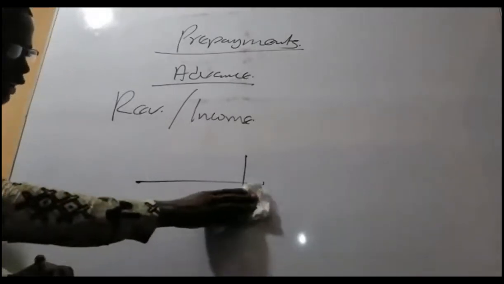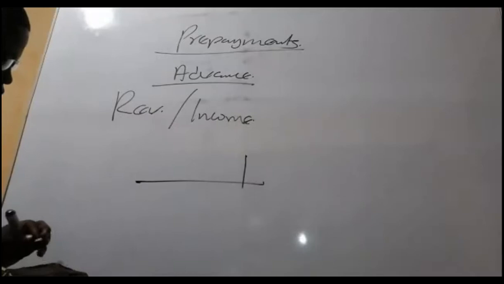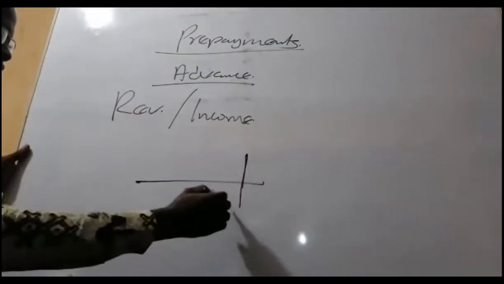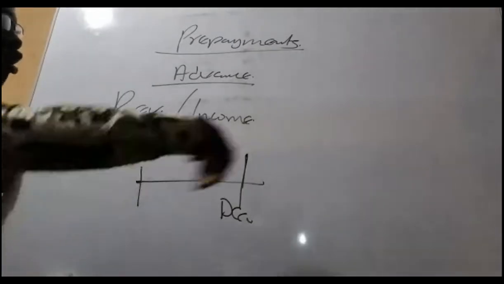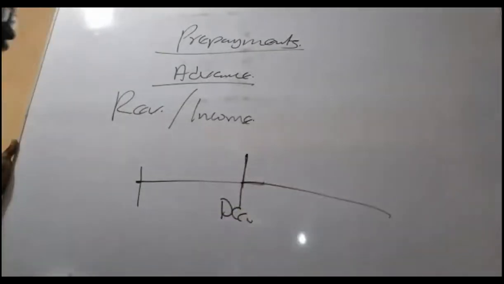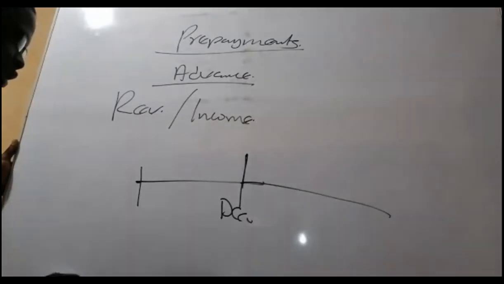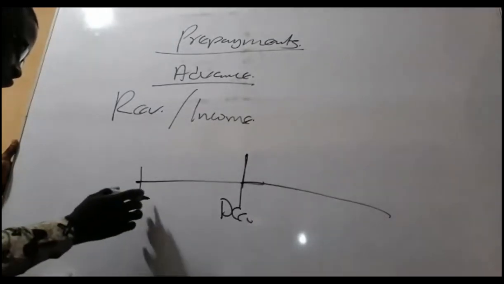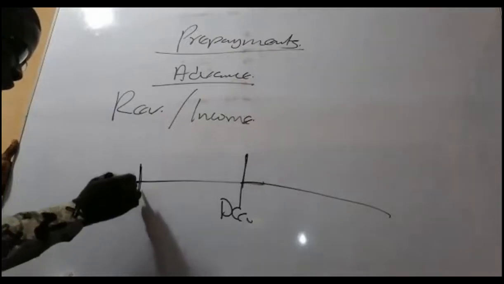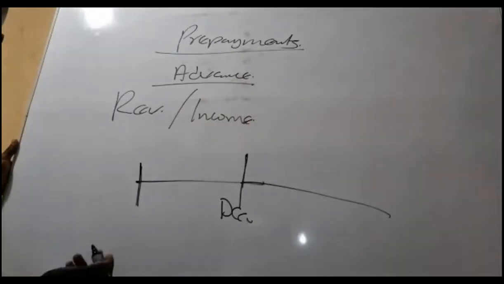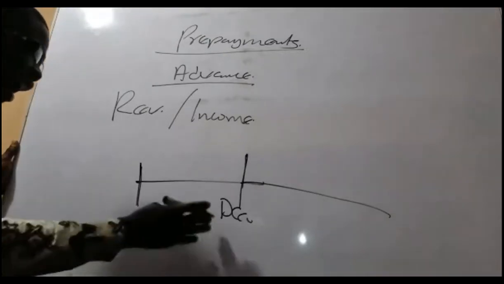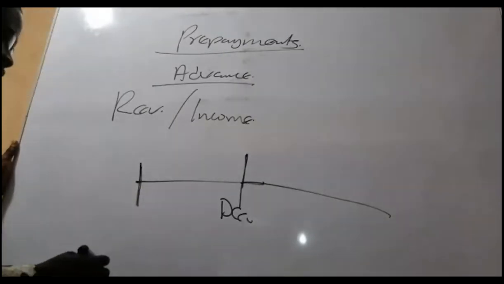Like the example, as at December 2019, the whole of 2020 rent has been paid. So let's assume that in January, the landlord asked for 2 years' rent in advance.